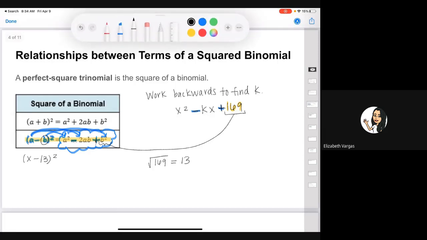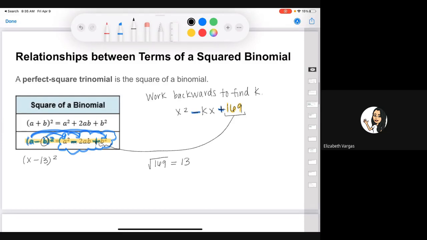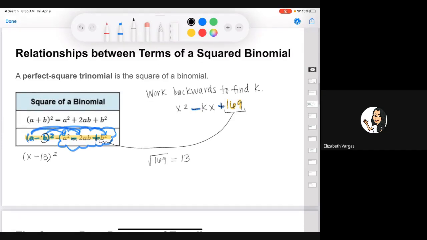Because I know my c ends up being b squared, what I can do is solve for b by taking the square root of 169, and that is 13. So if b squared is equal to 169, how can I solve for what b originally was?